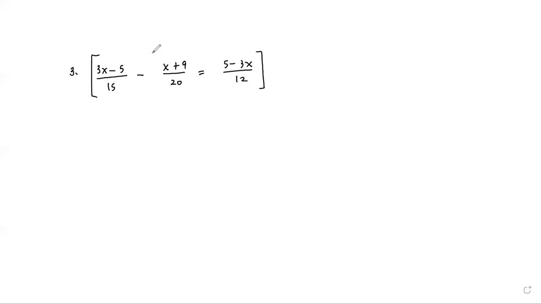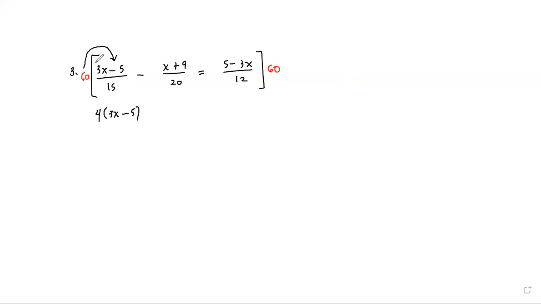So we shall multiply both sides by 60. When 60 is multiplied to the first fraction, 60 divided by 15 is 4. So we should write 4. And then this quantity will be multiplied to the numerator, which is 3x minus 5.